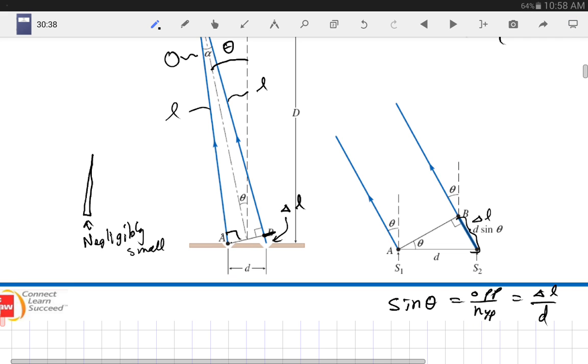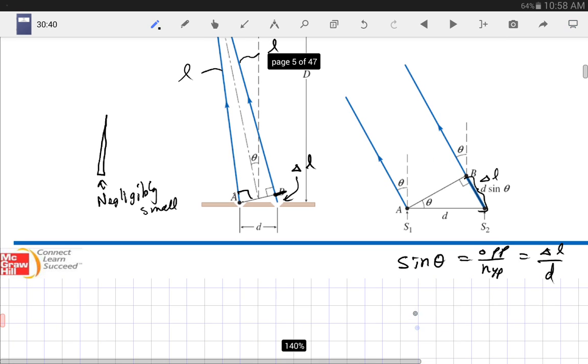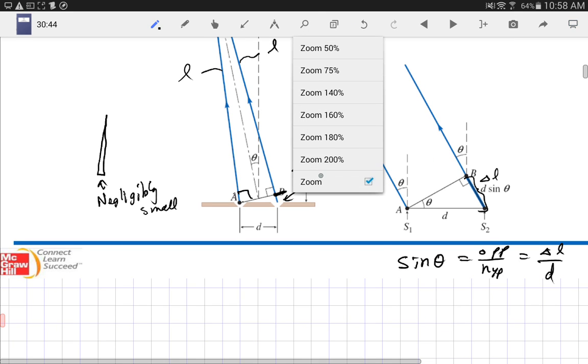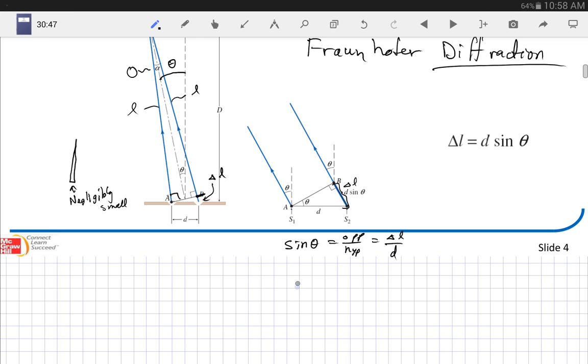So that gives us the relationship that, let me go back to not magnified, d sine theta equals delta L, as shown right there. So the difference in path length coming from the two slits is d sine theta.